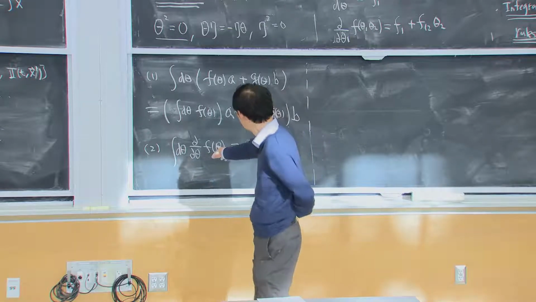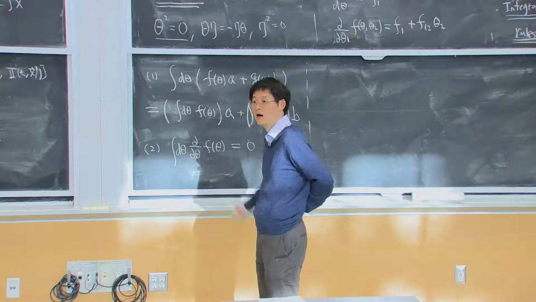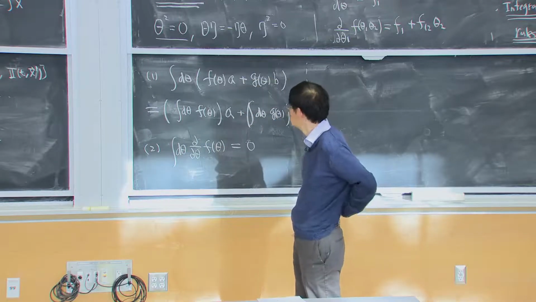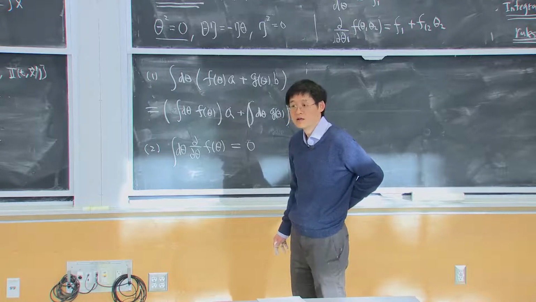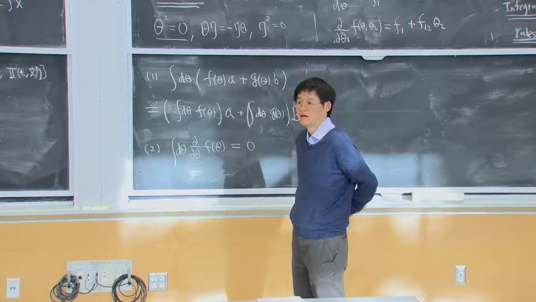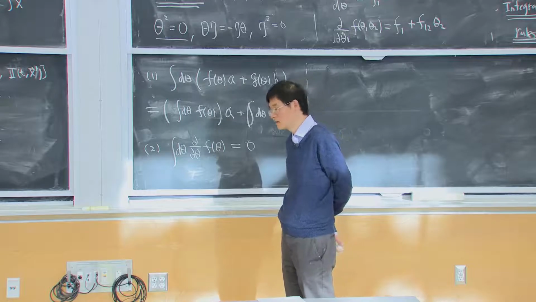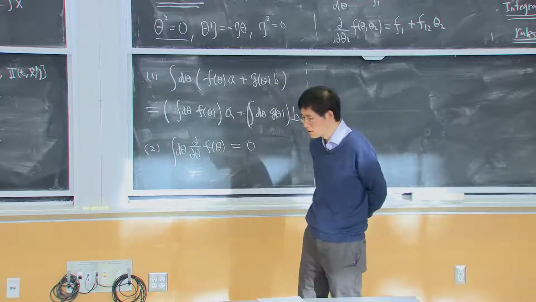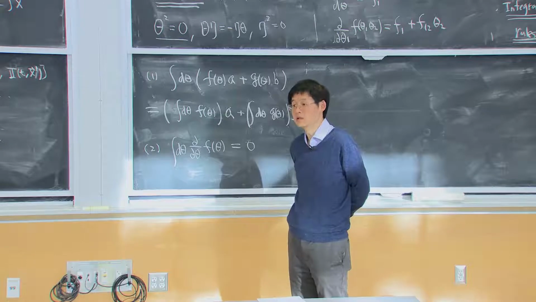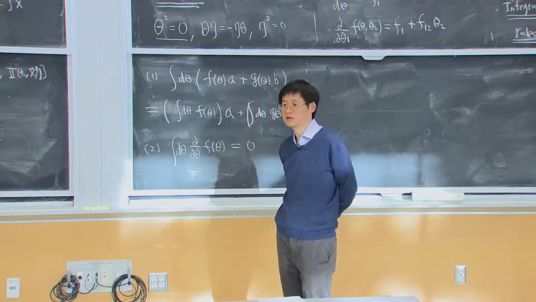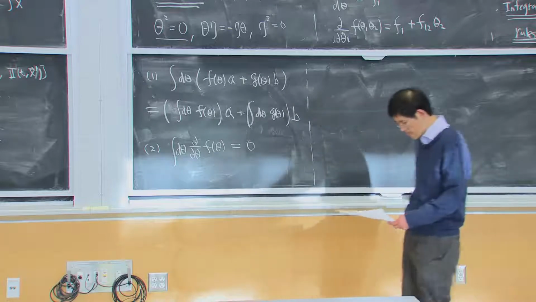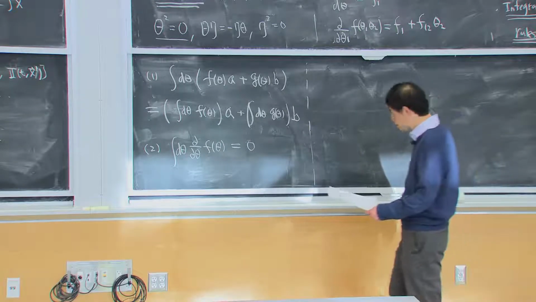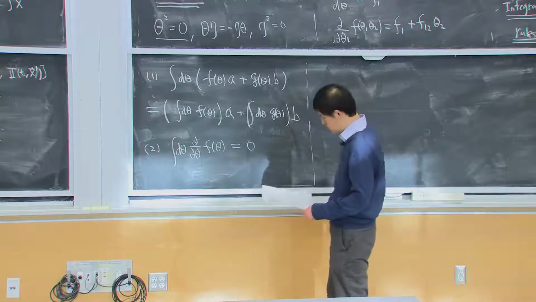Indeed, it only determines it up to a constant, but then you can fix that constant. I'm going to talk about that immediately. Good, so we have these two conditions.